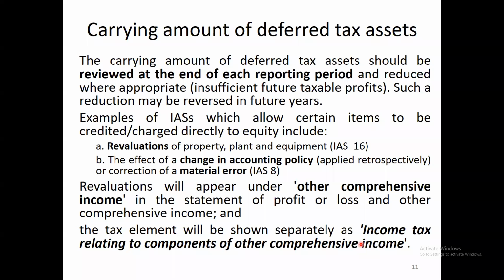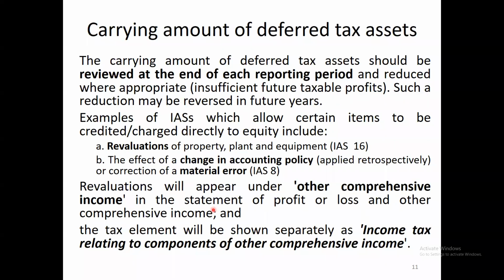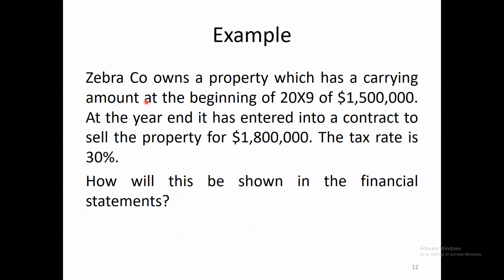We don't find this all the time, only in the year in which there were revaluations. So we can understand this fact in this example. Zebra Co owns a property which has a carrying amount at the beginning of 2019 of 1.5 million.